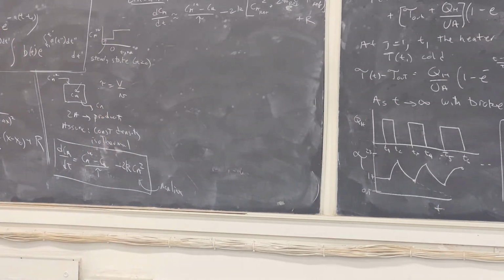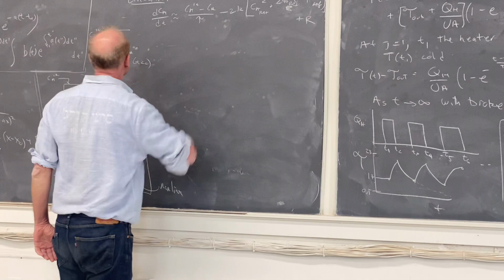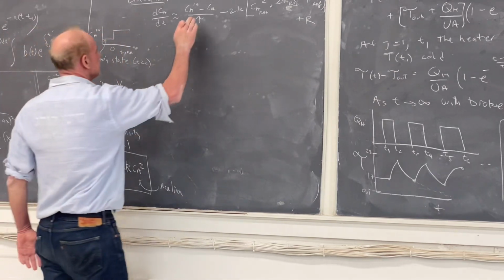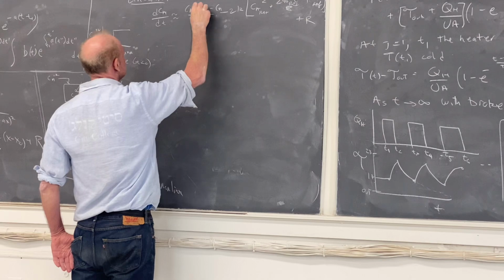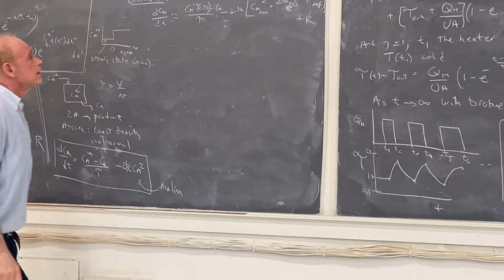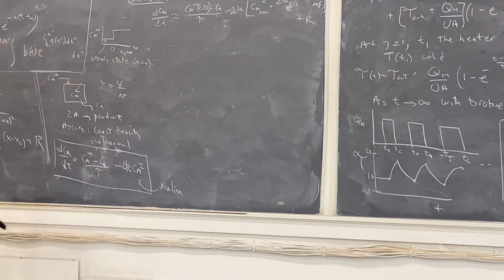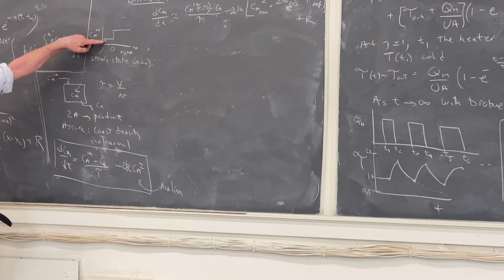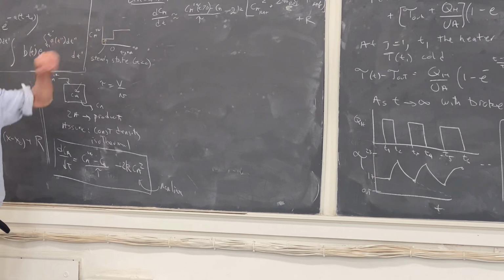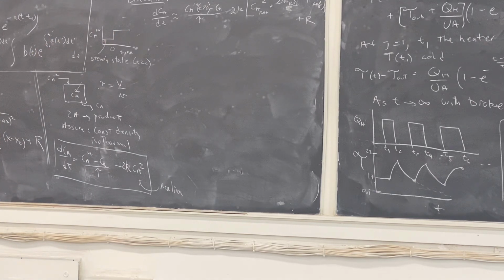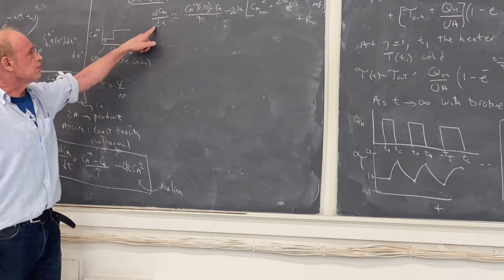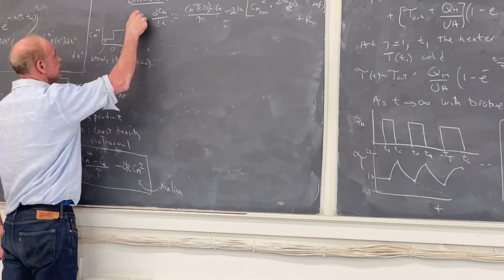So I have a reactor operating in steady state with the CA in, and this is, of course, CA in, and this is CA in for time greater than 0. It was operating at a steady state for CA in t less than 0, and then I changed it at t equals 0 to CA in for t greater than 0. So here I've written out the CSTR equation for what happens when t is greater than 0.